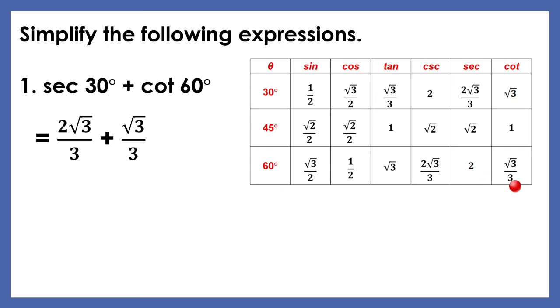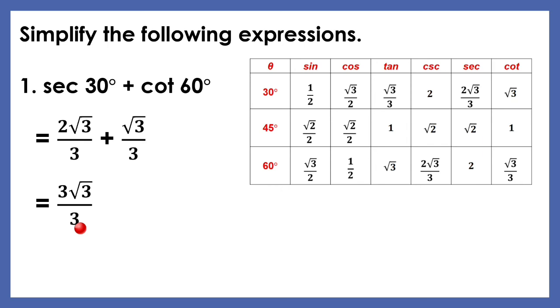Then, let's perform the operation addition. So, makikita natin na the same ang kanilang denominator. So, similar fractions. Add natin yung numerator. 2 square root of 3 plus square root of 3 is 3 square root of 3. So, meron tayong 1 dito. 2 plus 1 is 3. Copy natin yung the same terms. We have 3 square root of 3 over, we copied the same denominator.